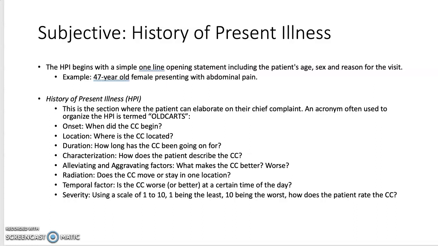There are lots of different acronyms that you can use. I like this one, OLD CARTS, which is onset, location, duration, characterization, alleviating and aggravating factors, radiation, temporal or time factor, and the severity on a 1 to 10 scale.